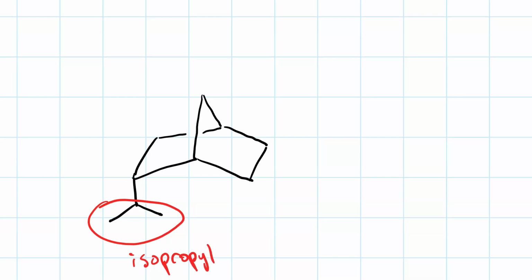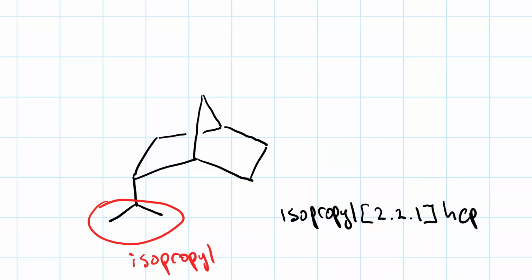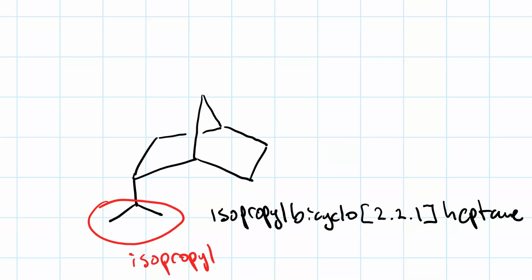So, this is going to be isopropyl bicyclo 2.2.1 heptane. Now, this is a little bit ambiguous because we need a locant.